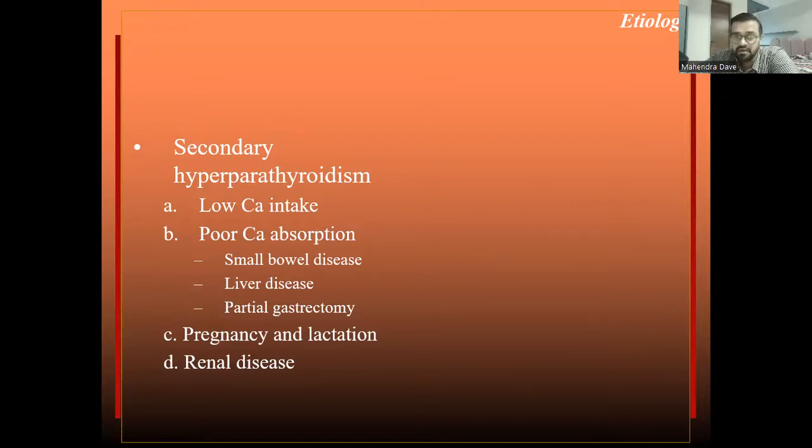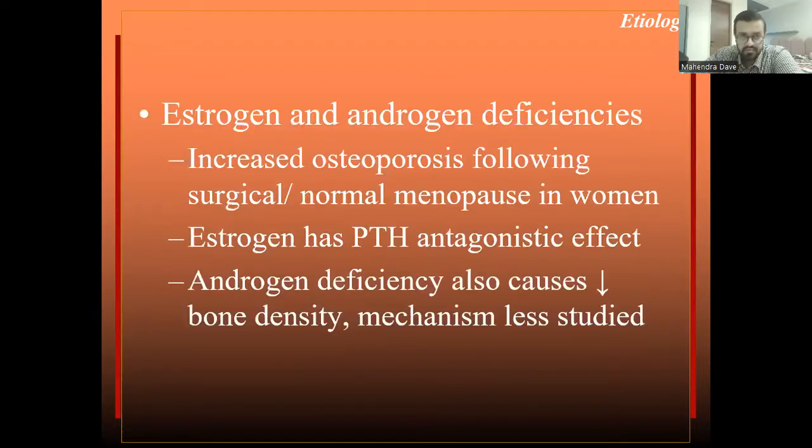The patient is unable to incorporate calcium in the diet. Poor calcium absorption: the patient is unable to absorb calcium due to the growing age, small bowel disease, liver disease, partial gastrectomy, pregnancy and lactation, and renal diseases. All these factors include estrogen and androgen deficiencies, and increased osteoporosis following surgical or normal menopause in women.